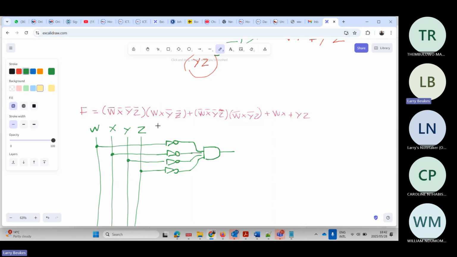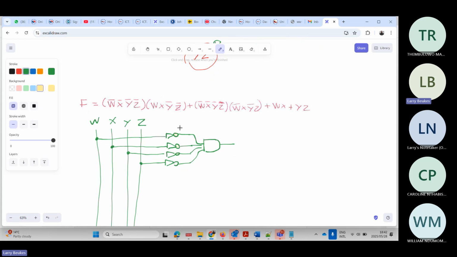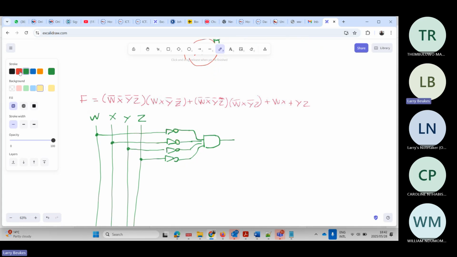So we find here we have this one, right? So now the second one, W, X, Y, Z, right? So let's do the second one. We need to conduct everything again. W, X, Y, and Z. So we have all our variables.